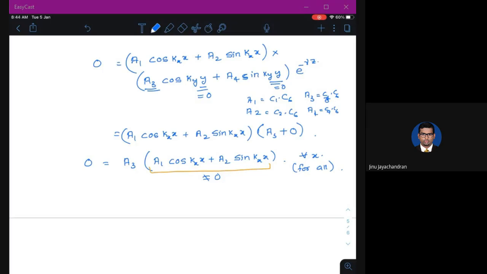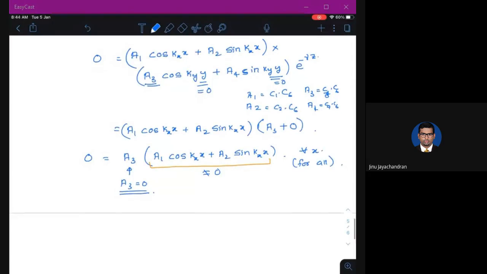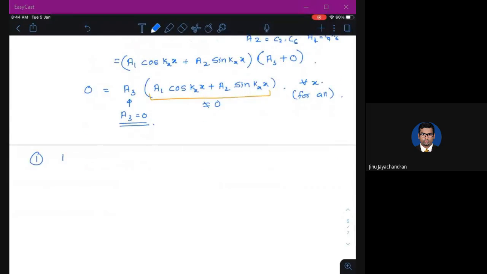So the only possibility in which this is equal to 0 is when A3 is equal to 0. So the argument is like this. This is a sum of cos and sine terms multiplied by constants. It can only be 0 if A1 and A2 are 0, which is highly unlikely. So the other possibility is when A3 is equal to 0. So the only possibility here for this equation to become 0 is when the constant A3 is equal to 0. So our first result is the value of A3 is 0.